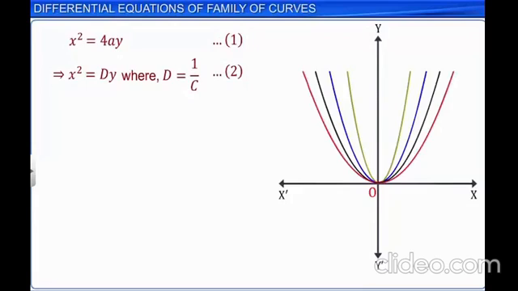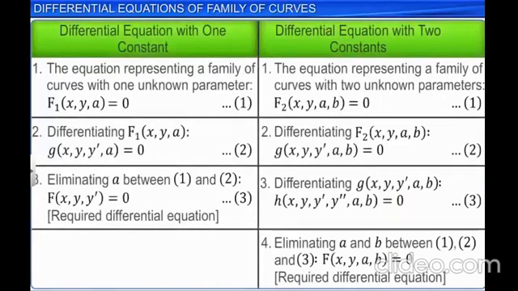Let's summarize the procedure that we have seen. First, we will deal with differential equations with one constant. The equation representing a family of curves with one unknown parameter is as shown. Here a is the unknown parameter. First, differentiate equation 1 to obtain the equation shown.